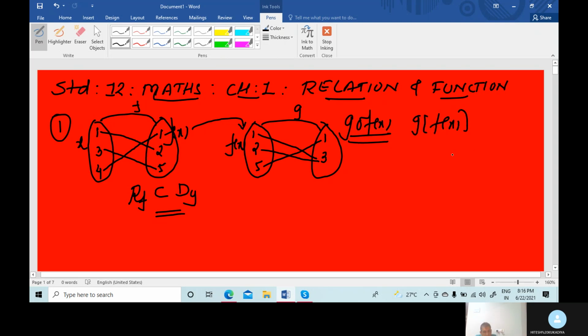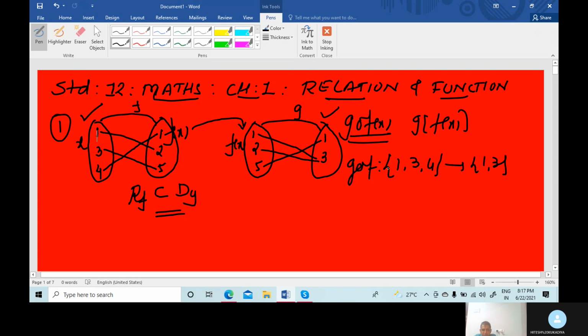Is that clear? Now first we decide the domain and codomain. For the function g∘f, we start from the domain of f and end up at the codomain of g. So the domain of g∘f is {1, 3, 4} going to {1, 3}. Is that clear, student?